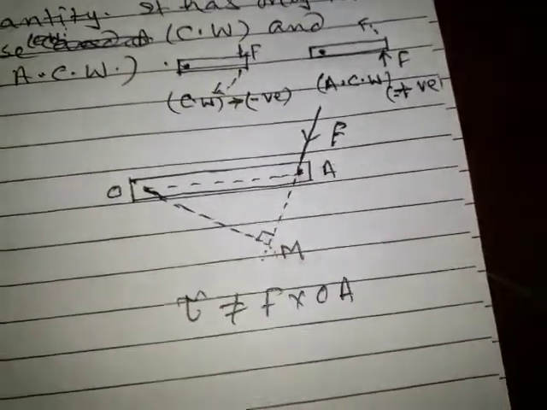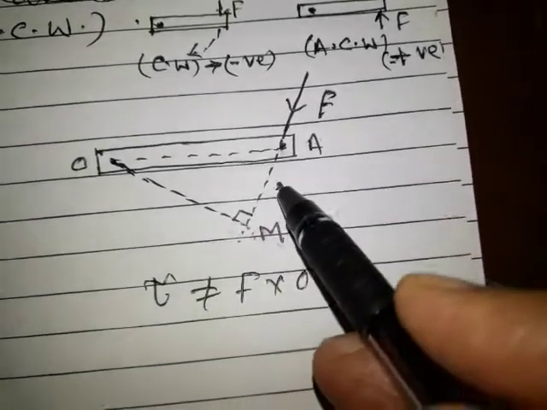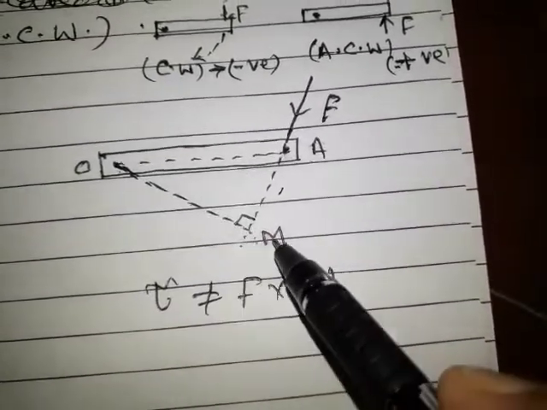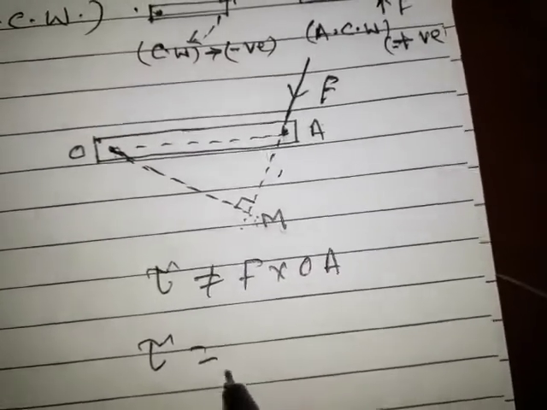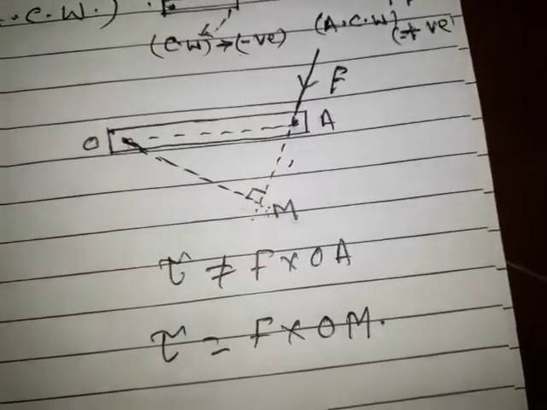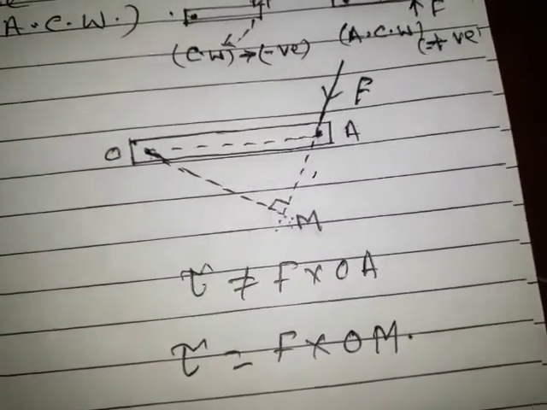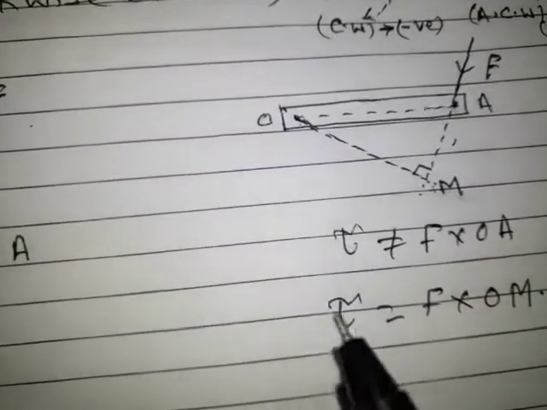It will become wrong. What will be the correct one here? The perpendicular distance here is this OM. So in this figure, this torque is F into OM. Got it? Okay.